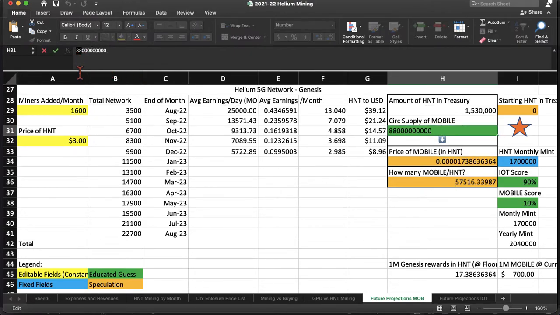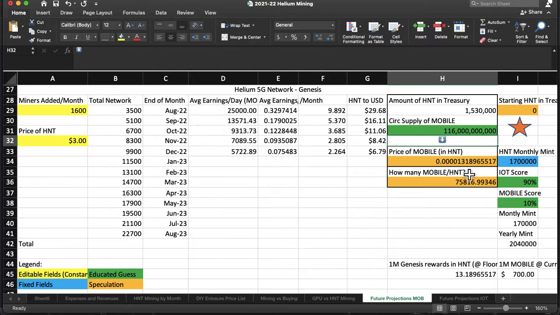And if there was all that 116 billion mobile minted before the August halving, I mean, this is 4 zeros and then a 1. So you'd be looking at about 76,000 mobile would equal 1 HNT.